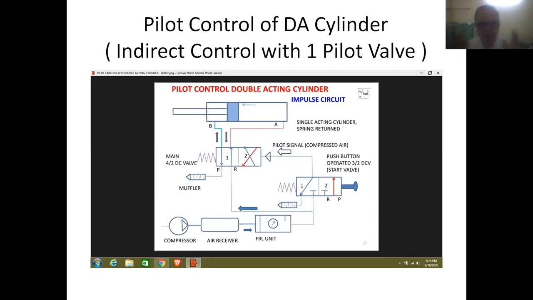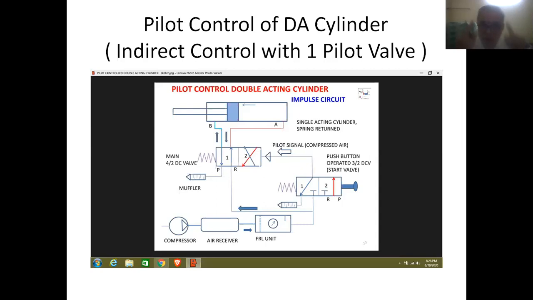So friends, in the case of pneumatic circuits, compressed air is used as shown in this figure and many other figures. In any pneumatic circuit, compressed air is used as a primary fluid and also as a secondary fluid. In the case of hydraulic circuits, oil is used as a primary fluid and secondary fluid.